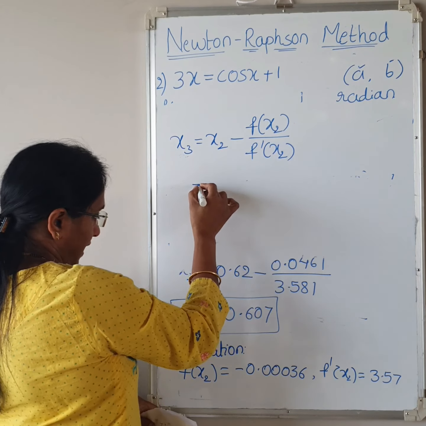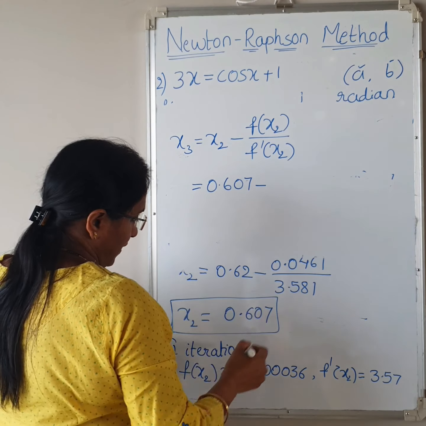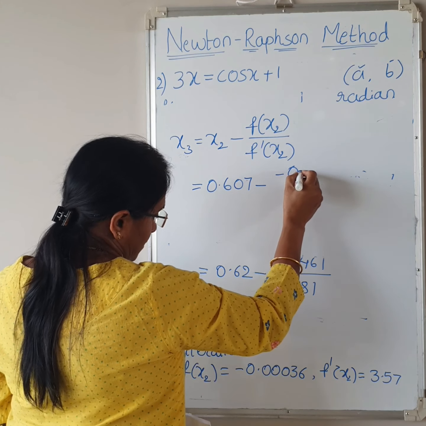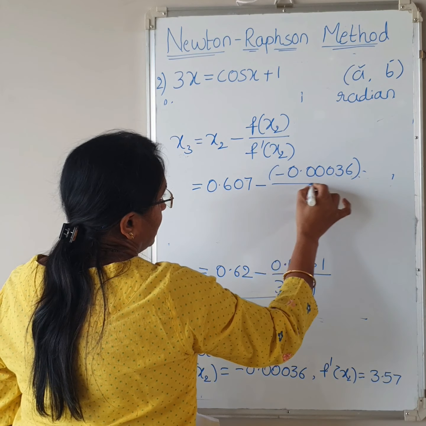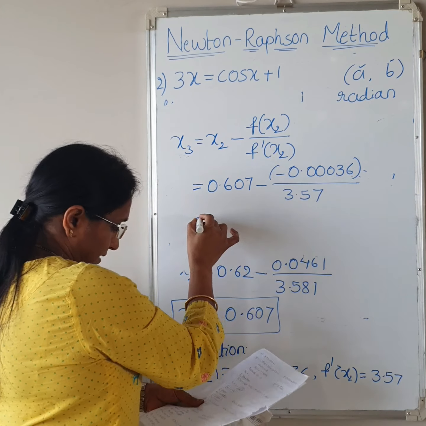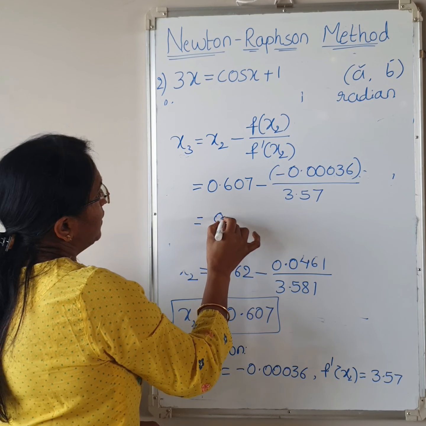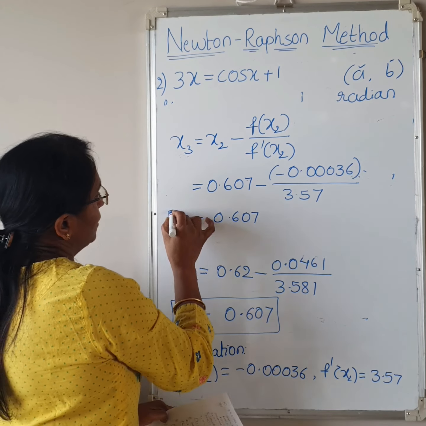What is x2 here? x2 is 0.607 minus f of x2, which is minus 0.00036, divided by f dash x2, 3.57, and the answer is 0.607. Same answer we get here, x3 also.